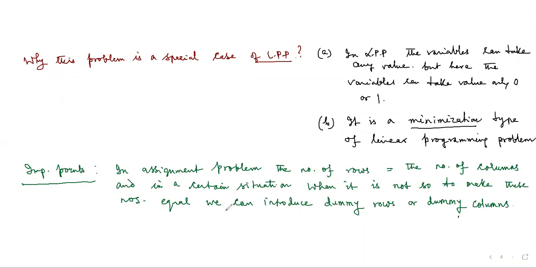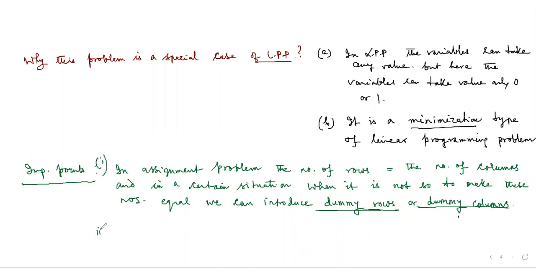Okay, these dummy columns and dummy rows will just behave like slack and surplus variables, or you can say they will behave like artificial variables to the given linear programming problem. They will just help us to solve the problem. This is point number one.